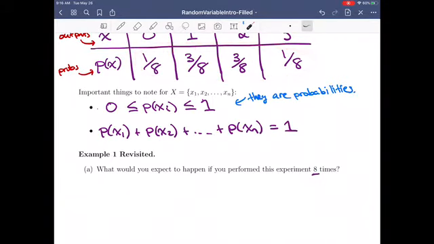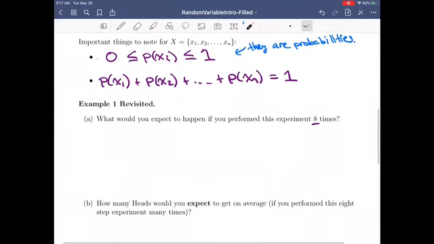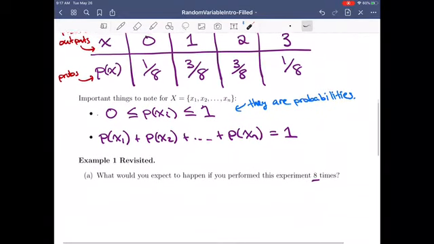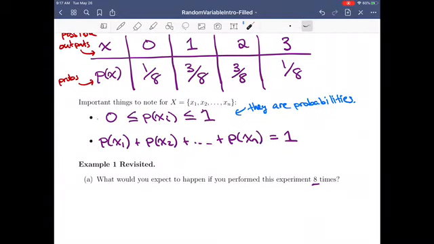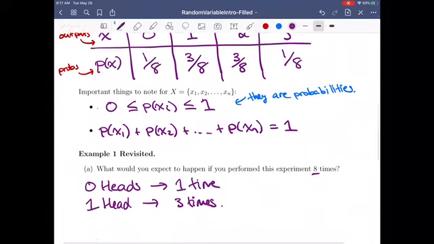So in a perfect world, if we did this 8 times, we would expect to get 0 heads 1 time, and we would expect to get 1 head 3 times because the probability is 3 out of 8.